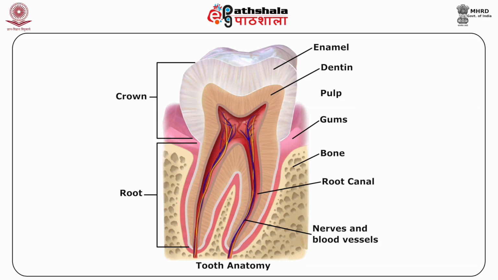Under the enamel there is dentine, which comprises the bulk of the crown and root. Dentine is basically different from enamel; dentine is alive and is capable of transmitting the sense of pain. In the center of the tooth there is a cylindrical canal made up of soft tissue, which is known as the pulp.